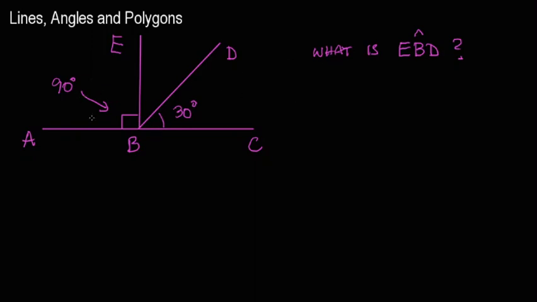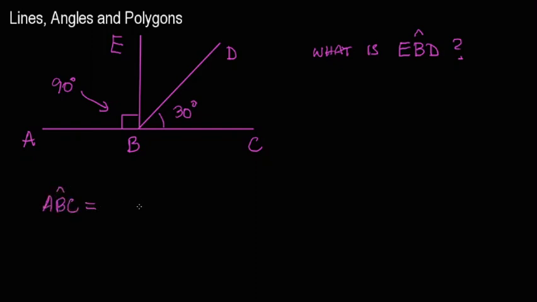So, you can see obviously that ABC here is a straight line. So that's an angle of 180. So if ABC is 180, ABE here is 90.